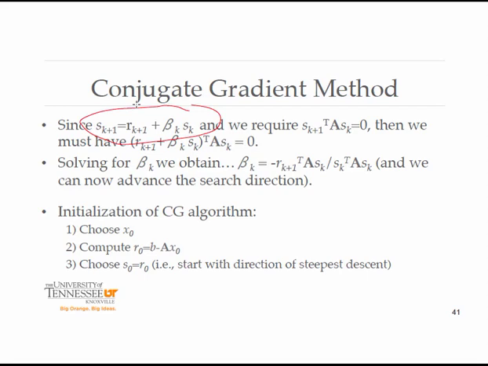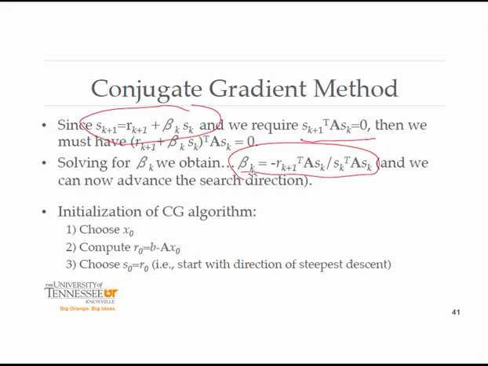Well, for conjugate gradient, we require this relationship that s k plus 1 transpose A s k must be 0. So then necessarily we must have this form, because we know what our s k plus 1 must look like. We just defined it. We substitute in here. If we solve for beta k, then this tells us exactly how to advance the search direction.